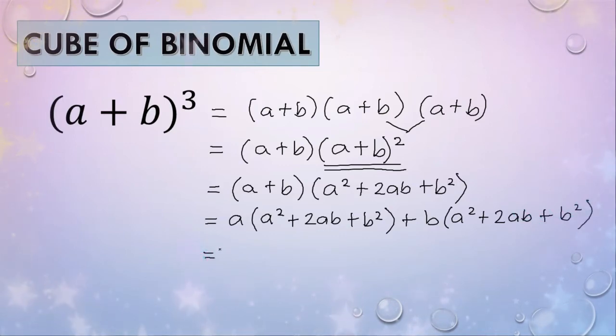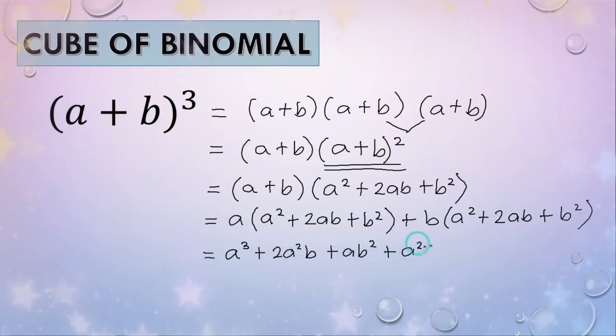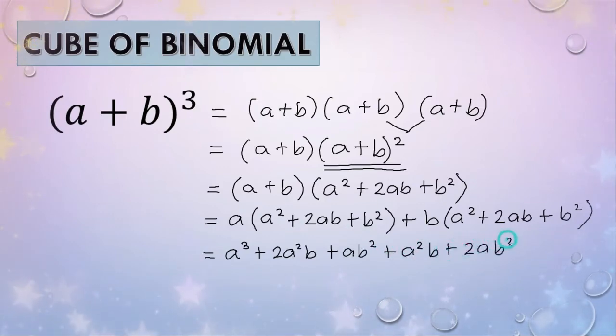And simplify. It will become a cubed plus 2a squared b plus ab squared plus a squared b plus 2ab squared plus b cubed.